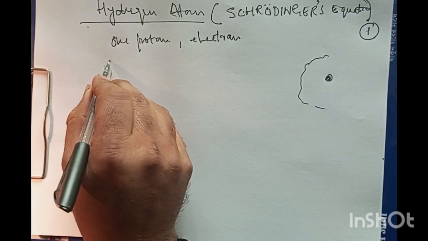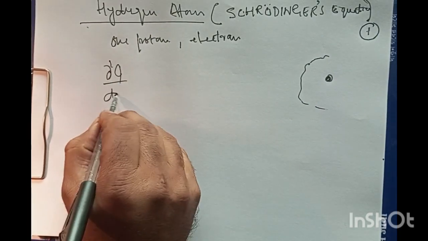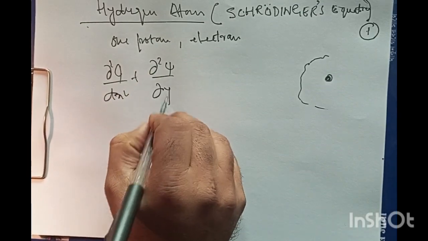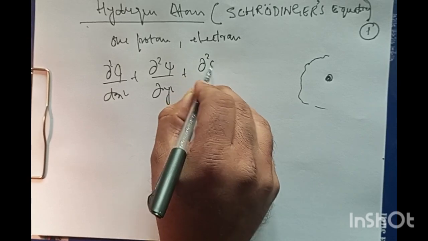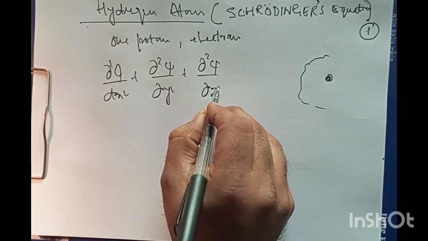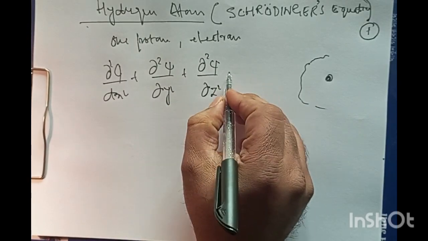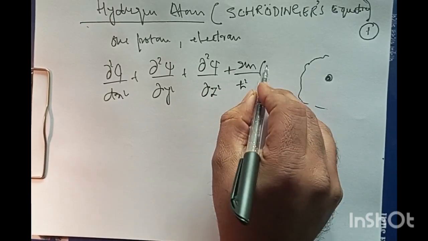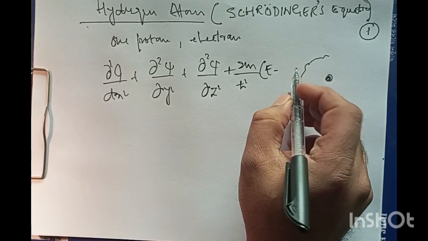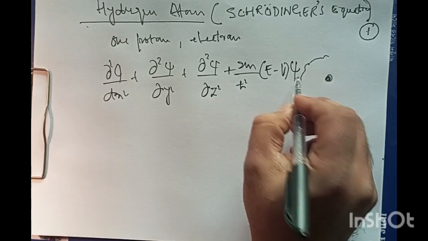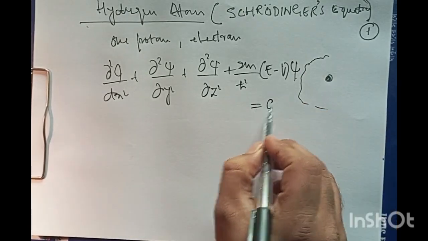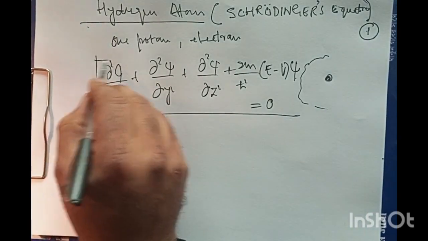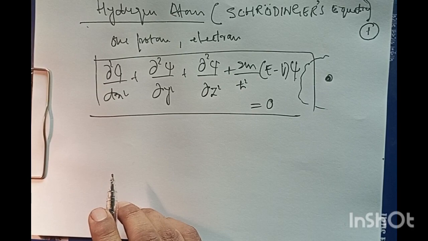It is dou 2 psi by dou x2 plus dou 2 psi by dou y2 plus dou 2 psi by dou z2, plus 2m by h cross squared, times E minus V, times psi, equal to 0.